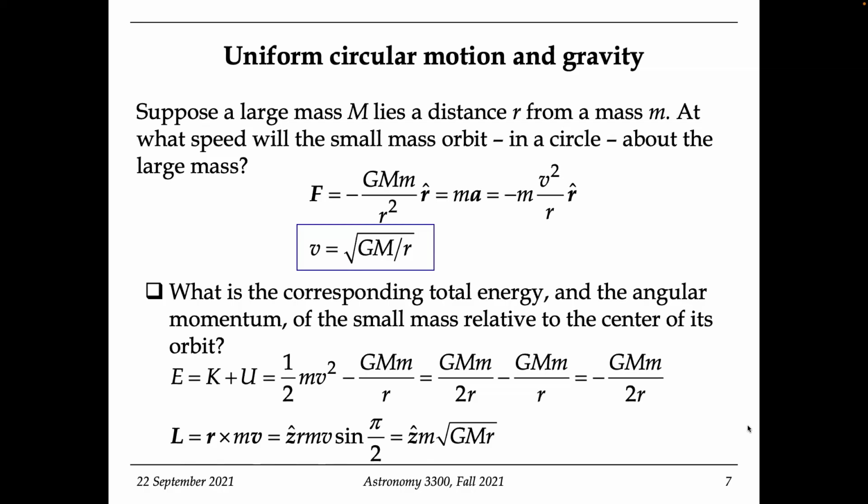And this, by definition, gives you the speed that you have to go around a body where the only force is being pulled in. So we can rearrange this one and this one for v. And that's the orbital velocity. Doesn't depend on the body, only depends on the mass of the central body.